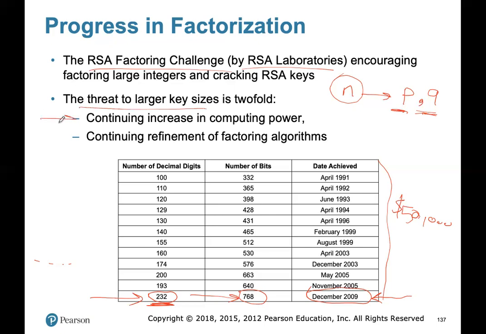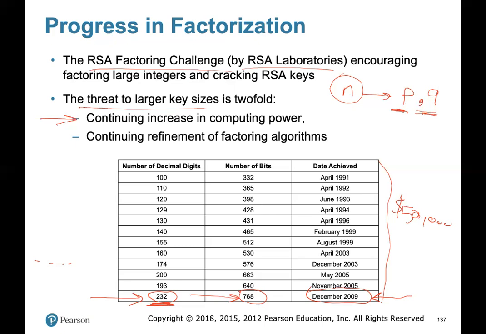First is the continuing increase in the computational power we have. Every day we see that more powerful computers are out, computers with 16 core processors, 32 core processors, and so on. Even supercomputers are getting improved every day, every month, and that means that our computational power is increasing.